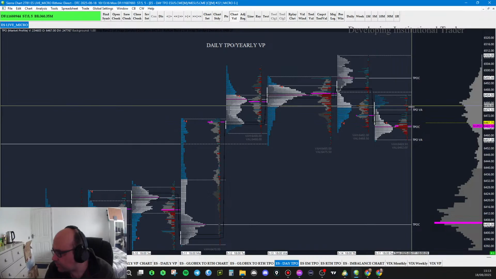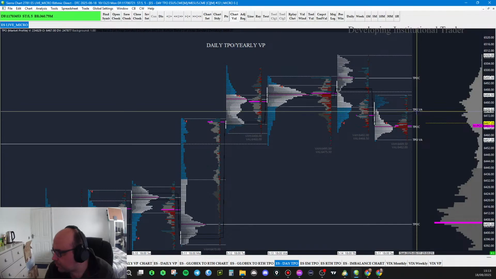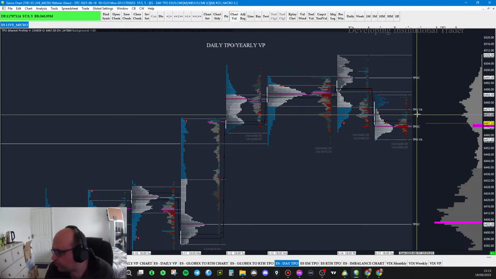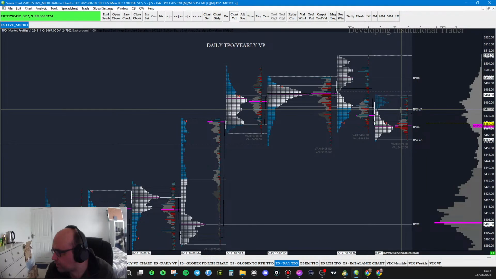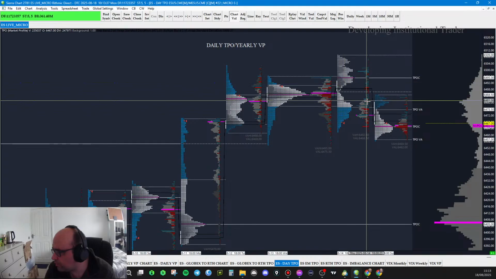However, we see that the buyers are right about close to the value area high. So if we manage to break this one, we are entering the main value area, yesterday's main value area. So we see all the buyers.